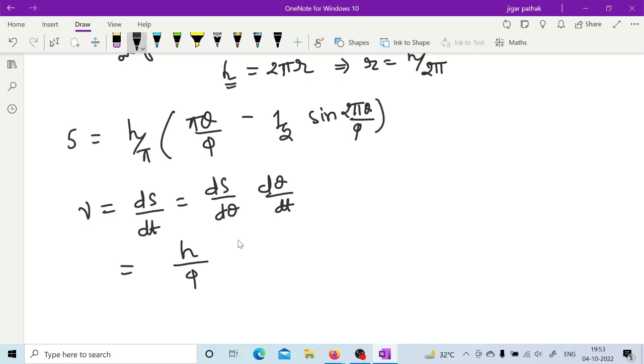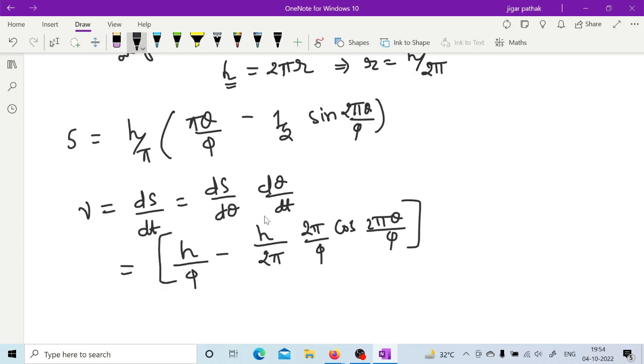So h upon phi, right, minus h upon 2 pi, the sine 2 pi theta upon phi will be 2 pi by phi cos 2 pi theta by phi, right? So this is how you are having this ds by d theta, and as we all know, this d theta by dt is nothing but omega, right? So this is how you are having this ds by d theta and d theta by dt, right?